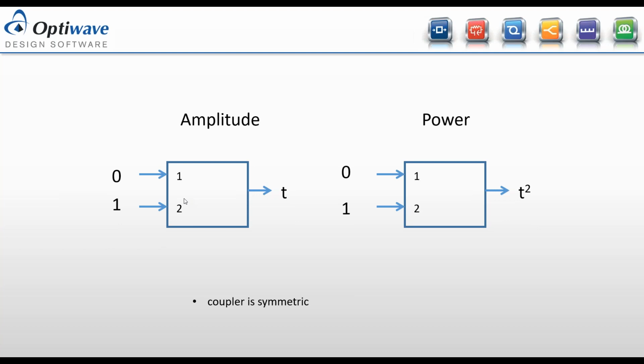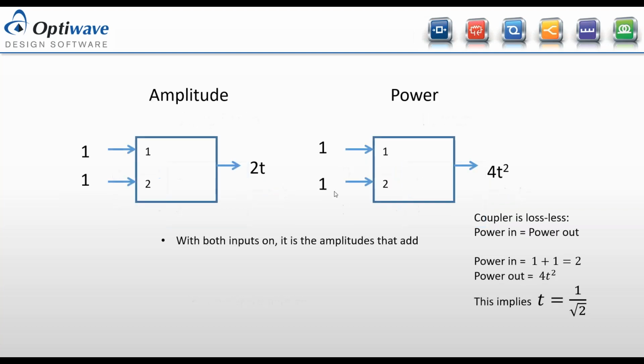But because they're linear, if I now, in the next step, put field in both ports, I can find what the electromagnetic field is inside the box by simply taking the arithmetic sum of E1 and E2, electric field 1, electric field 2, or magnetic field 1 and magnetic field 2, and that applies to the transmission coefficient. So when I put unit amplitude in both ports, the transmission will come out to be 2 times T. It's going to be T plus T. Why? Because Maxwell's equations are linear.